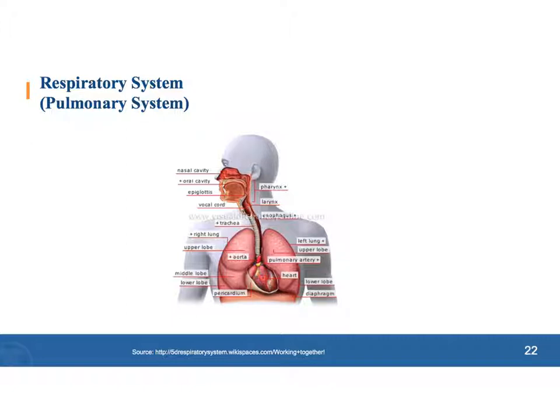The further away they get, the smaller these branches become, looking like a small little tree. These are called bronchioles. At the end of those bronchioles are the alveoli. What happens in the alveoli? The carbon dioxide is switched to oxygen.